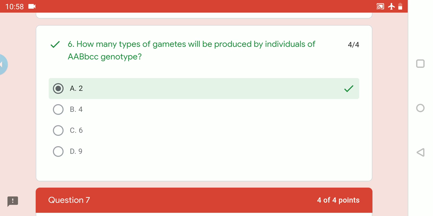Another possibility is capital A, small b, small c. So there are two types of possibilities. How many types of gametes will be produced by the individuals? Only 2 types of gametes are possible. You can work it out, then you will come to know.